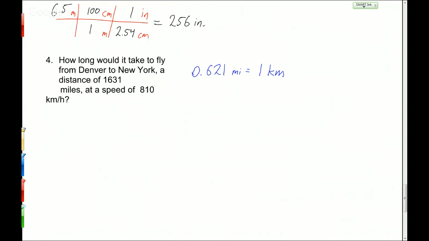So see if you can play with this a little bit and come up with an answer of how long it would take to fly from Denver to New York. Walk around and see what some strategies are that you've used.